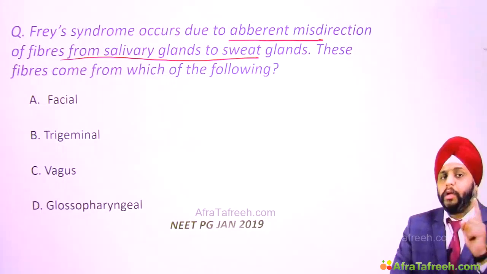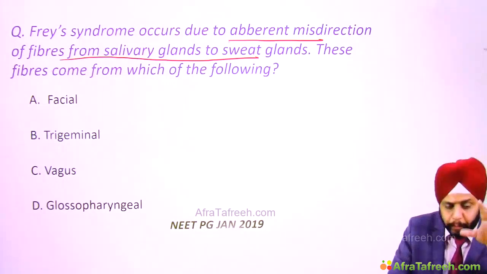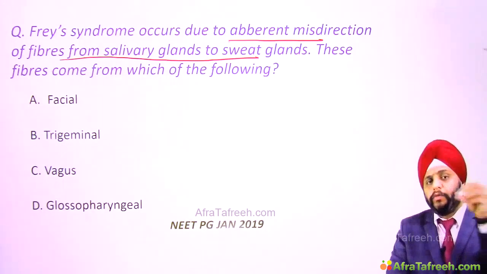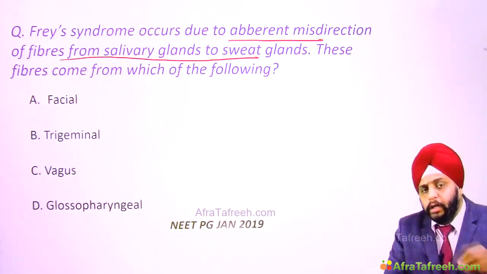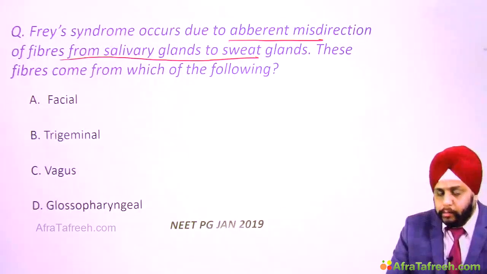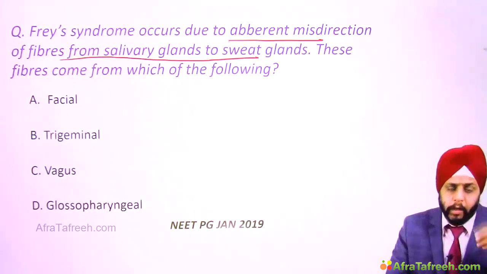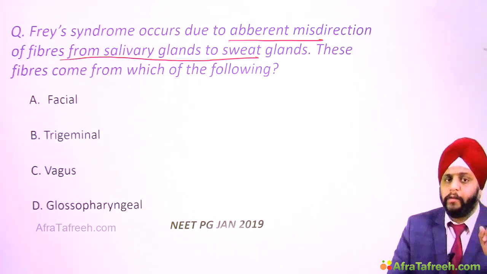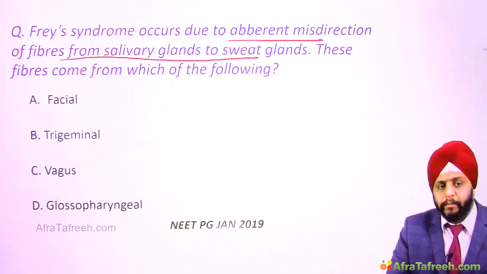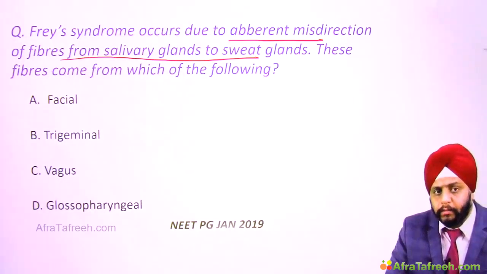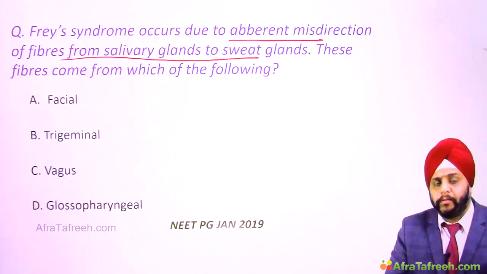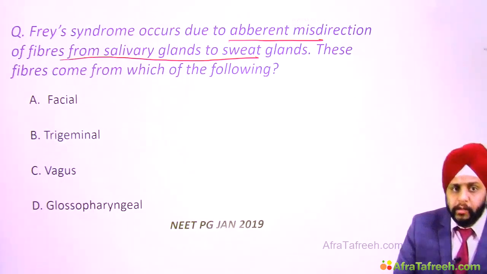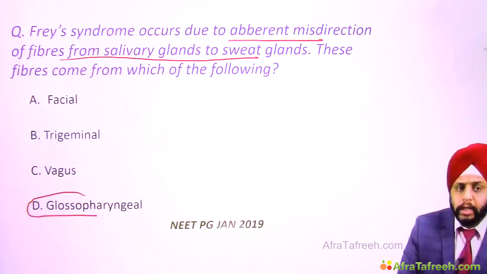So we know that these fibers, the parasympathetic fibers, which were supposed to supply the parotid, now they are supplying the sweat glands. These fibers are brought by auriculotemporal nerve, branch of mandibular nerve, but these fibers have originally been taken from lesser petrosal nerve, which has taken these fibers from the glossopharyngeal nerve, the ninth cranial nerve.